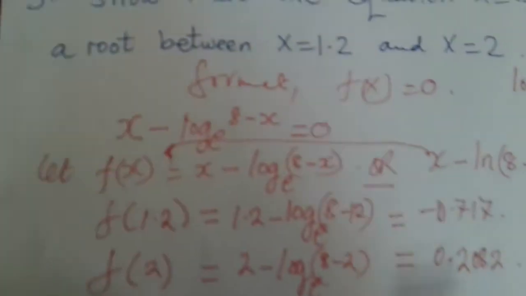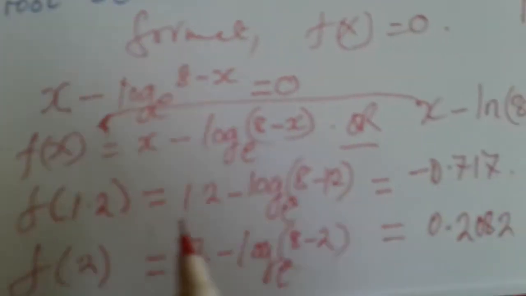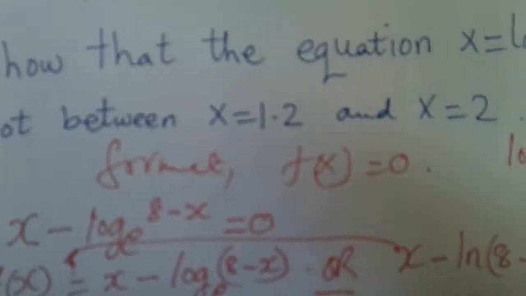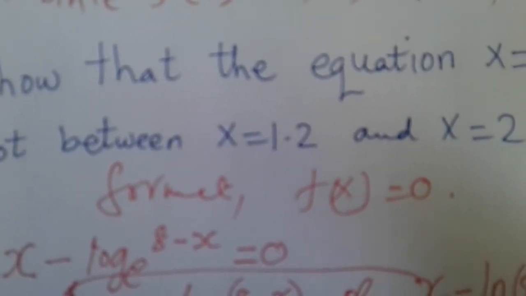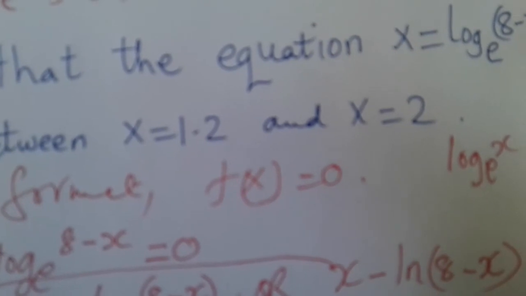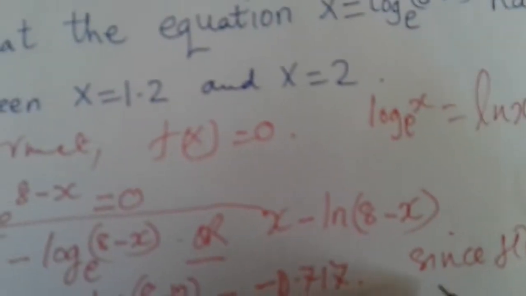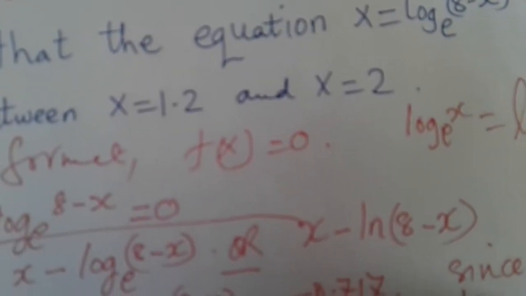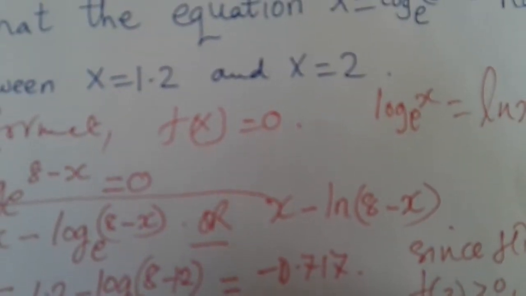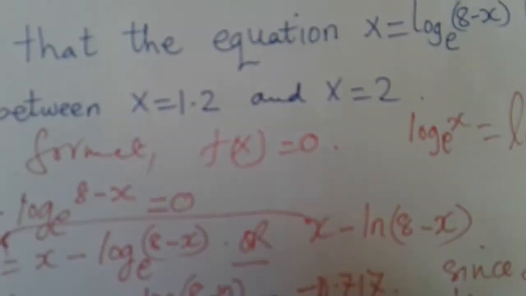Clearly, you realize that f of 1.2 gives a negative, f of 2 gives a positive, and conclude and say, since f of 1.2 is less than 0, f of 2 greater than 0, then the root lies between 1.2 and 2.